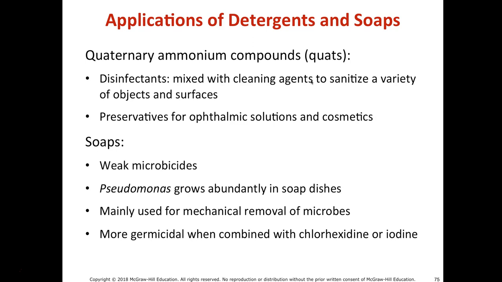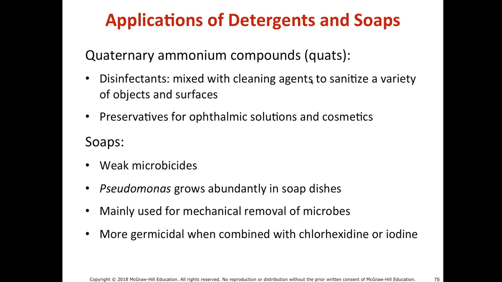So next, let's talk about some soaps. These are going to be weak microbicides. Sometimes they're so weak that they are microbistatic. Pseudomonas is going to be very resistant to soap, so we have even seen that they are abundantly grown within soap dishes.